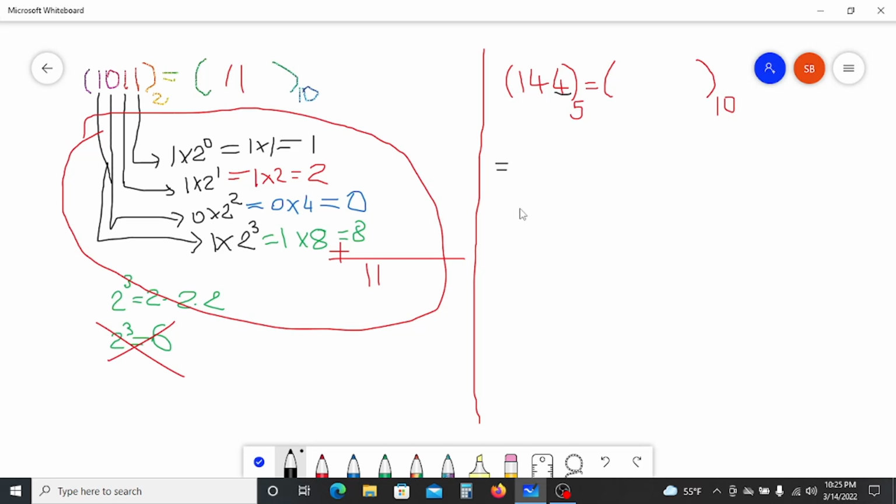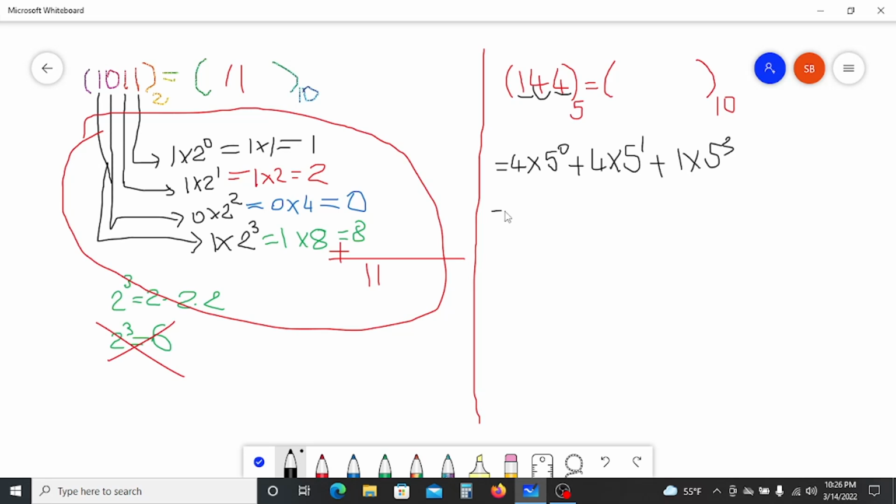First number, 4 times the base 5 to the 0, plus the second number, 4 times 5 to the 1, plus the third digit 1 times 5 to the 2.